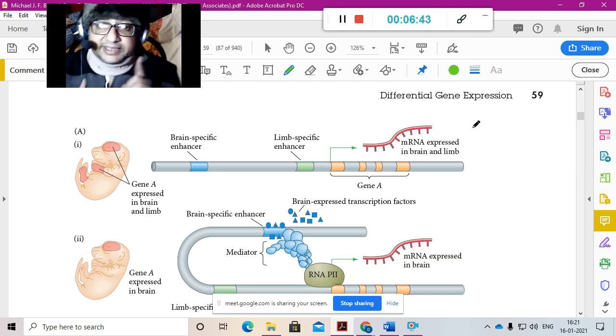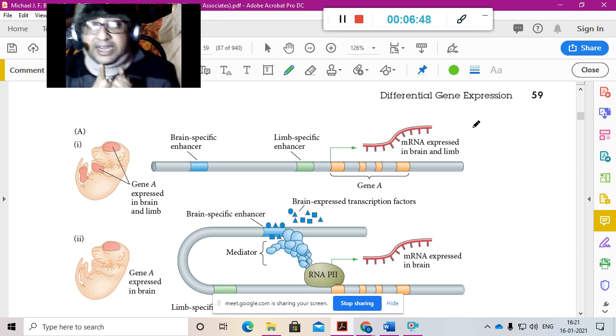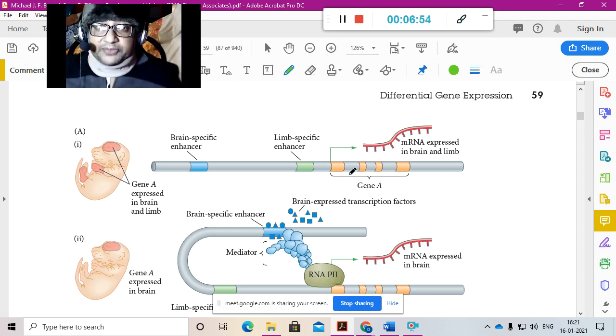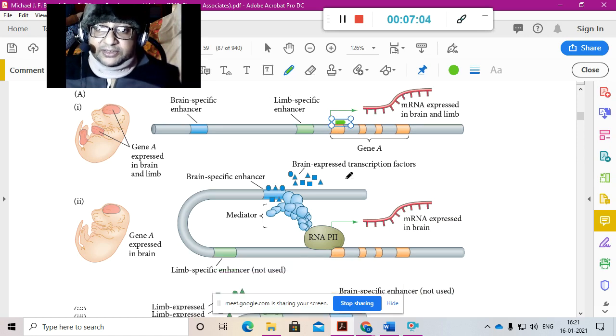This is the case where gene A is expressed in both brain as well as limb. So you have two types of enhancer, and you have the specific promoter also. This is the promoter. This is the transcription start site over here.